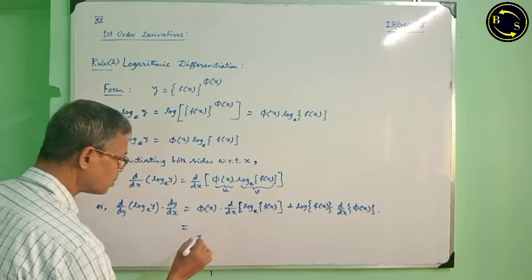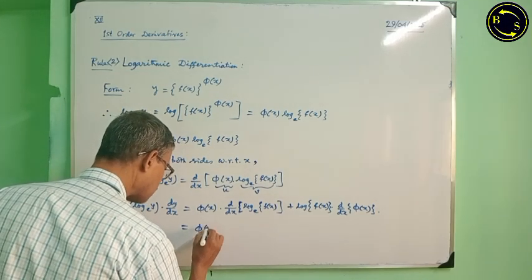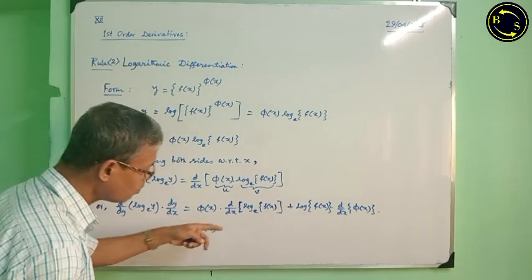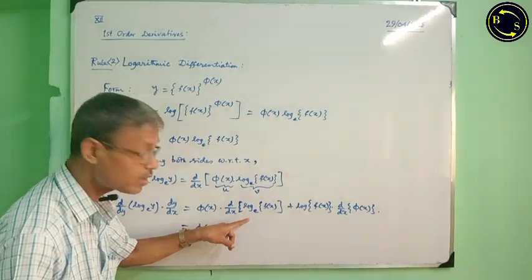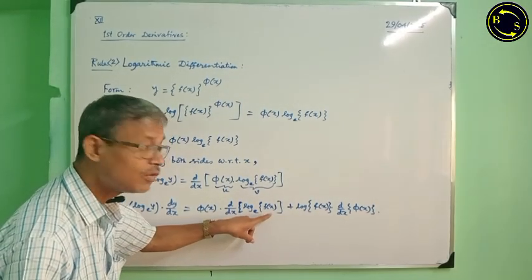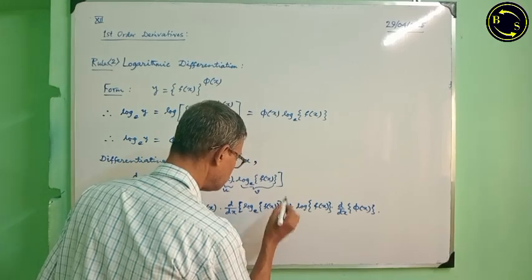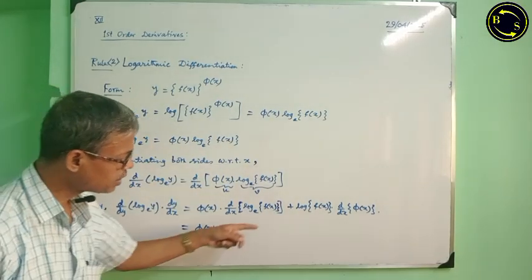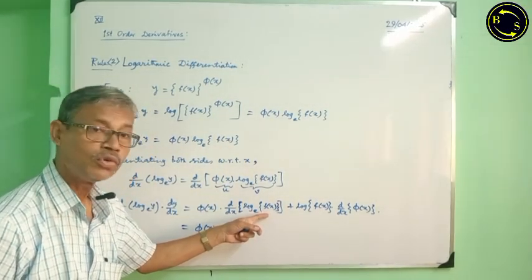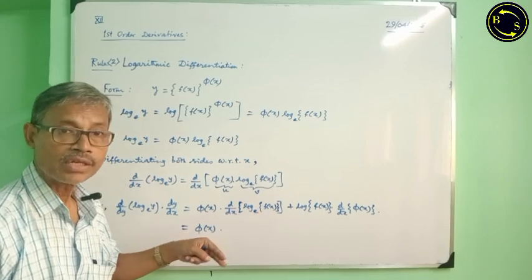Now we calculate this. This is a function of function form, log of function f x. If I consider f x as u, I do it mentally.